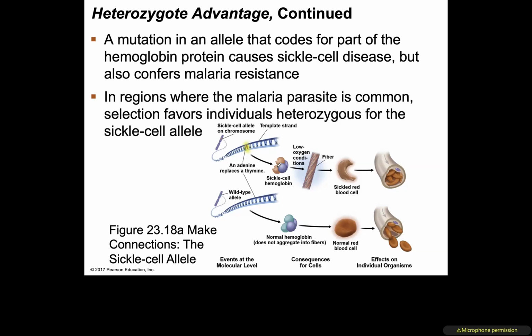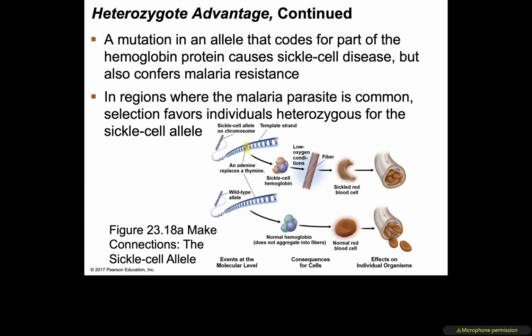The heterozygous advantage applied to the sickle cell allele is that individuals with one allele for a normal red blood cell and one allele for a sickle cell shaped red blood cell are heterozygotes. If they are put in an area of malaria, they tend to be resistant to malaria.